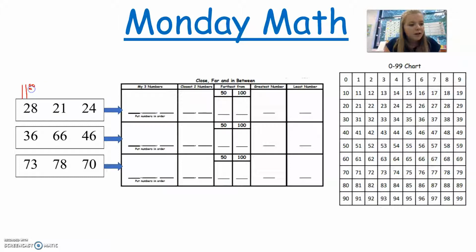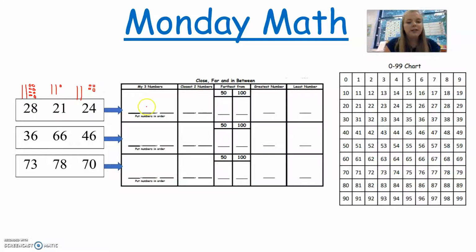Let me draw. This is me just drawing these 10 blocks. 6, 7, 8. This one has two groups of 10, but only one 1. And this one has two groups of 10 and 4 ones. So I have 28, 21, and 24.